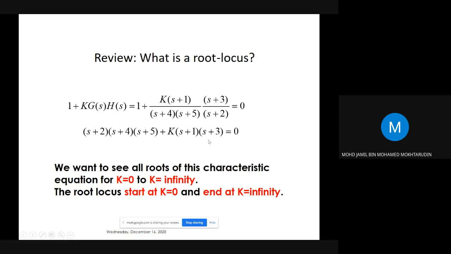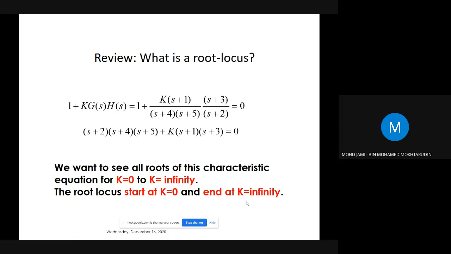In root locus, we want to plot the value of the poles from k equals 0 until k equals infinity. The root locus starts from the value of the poles at k equals 0 and finishes at the value of the poles at k equals infinity. Always remember it is the value of the poles, not the value of k, that you plot.